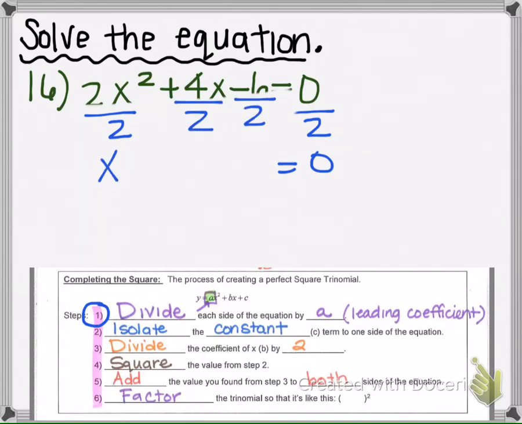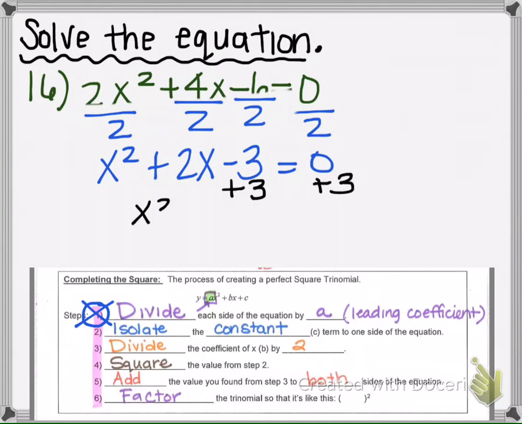So we're going to get x squared plus 2x minus 3 equals 0. So done with step 1. Step 2, isolate the constant. This one is the optional step. You could leave that on that side, but I'm going to go ahead and move it over.